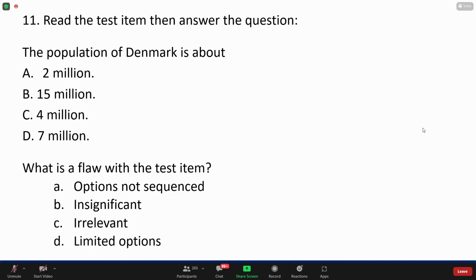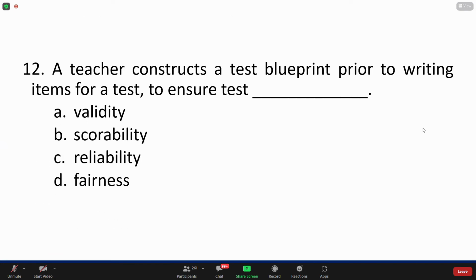What is a flaw with the test item? A, options not in sequence, B, insignificant, C, irrelevant, D, limited option. The answer must be letter A, sir. Options not in sequence. Okay, very good. The options are not in sequence, obviously. Okay, correct. Let's proceed with the next, number 12.